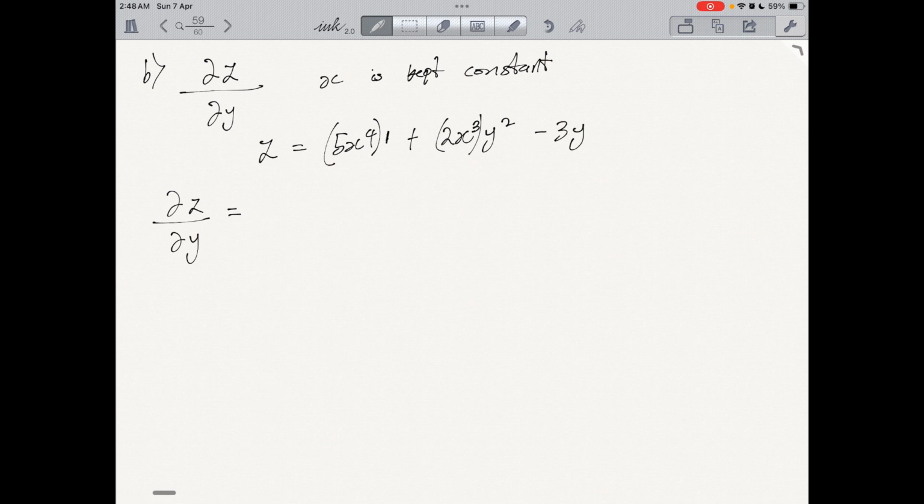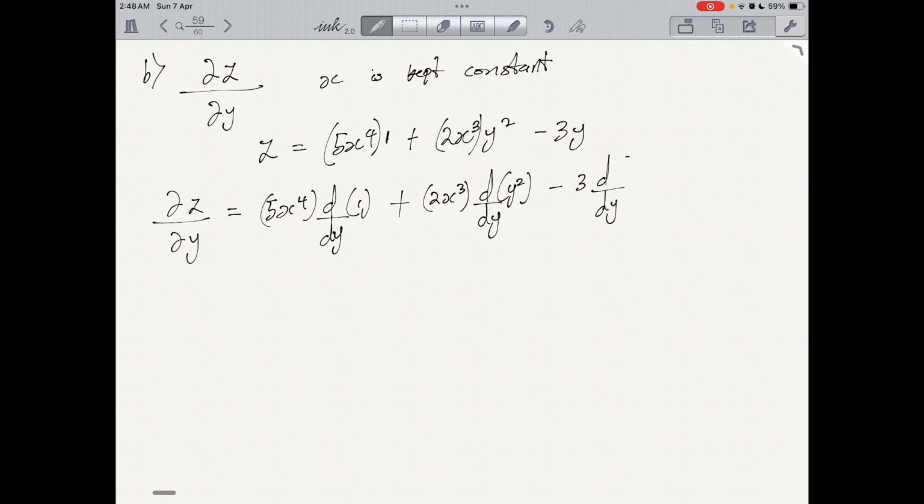Therefore, for the partial derivative of z with respect to y, we have our constant of 5x raised to power 4 differentiated with respect to y, the constant of 2x raised to power 3 differentiated with respect to y of y squared, there's no constant in this case aside from 3, differentiated with respect to y of y.